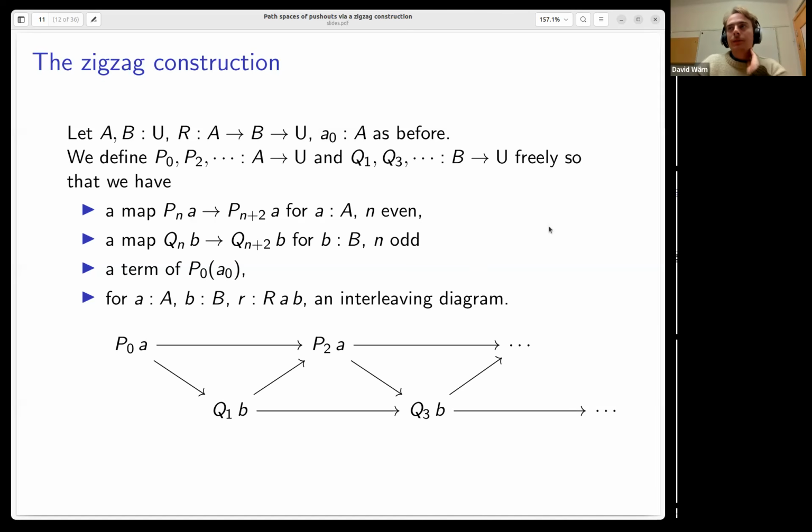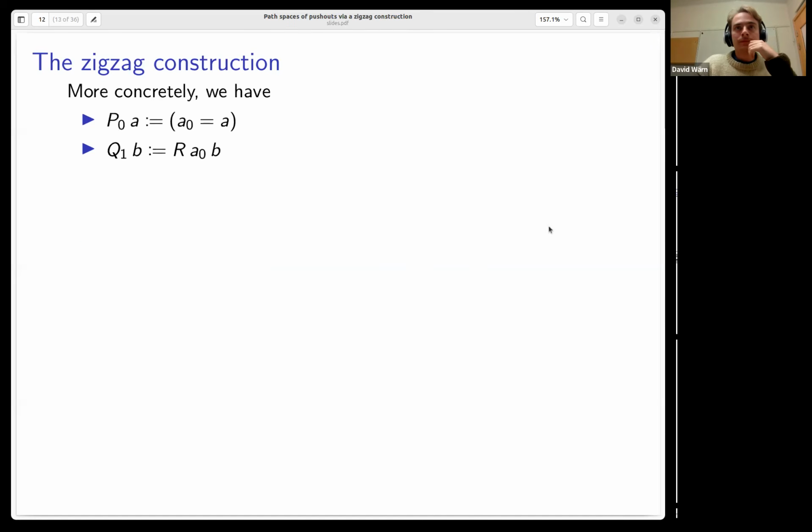Okay. Yeah, so this is basically the universal property of the construction, but more explicitly, what are the types involved? And why is there such a freely generated thing? So I will start by describing the first two type families. P0 intuitively should correspond to paths of length at most 0. And there's only one such thing, which is the empty path.